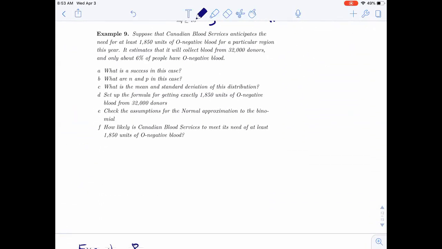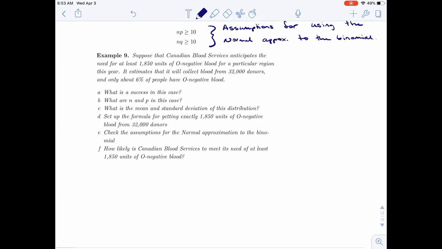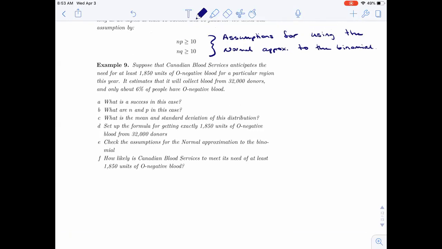Part B, what are N and P in this case? N, the number of trials, is the 32,000 donors that we get, because each of those either has O negative blood or they don't. Yes or no makes it a binomial.